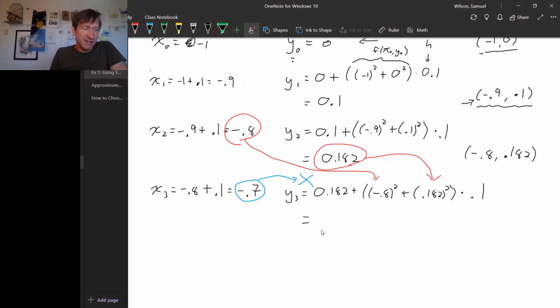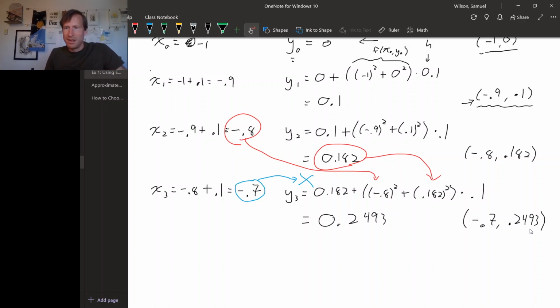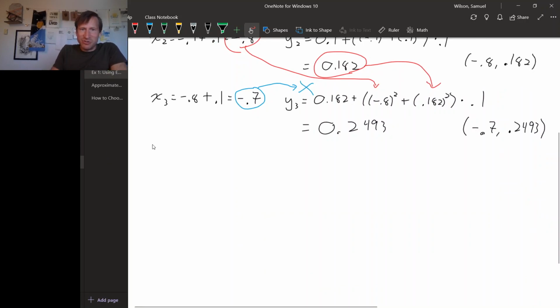Okay, so now we can evaluate all of this. We got something like 0.2493. So this is negative 0.7, comma 0.2493. All right, looks like we're going to have to do 2 more.